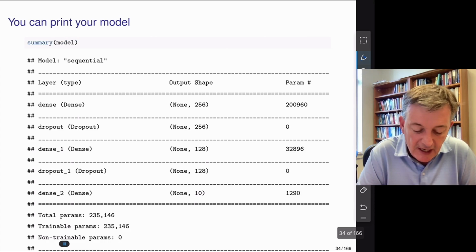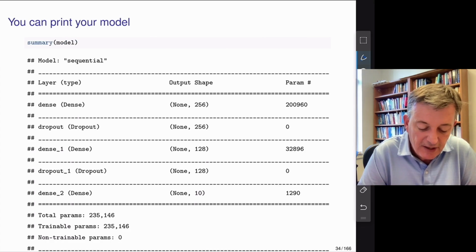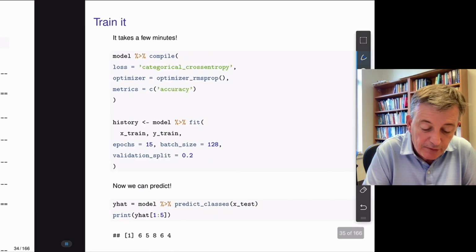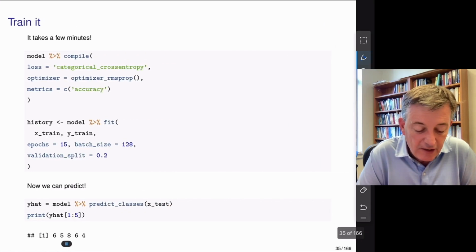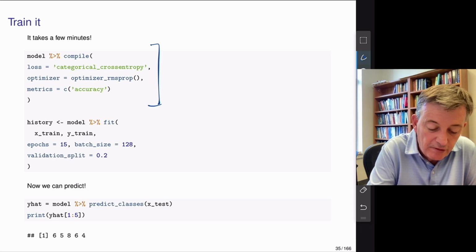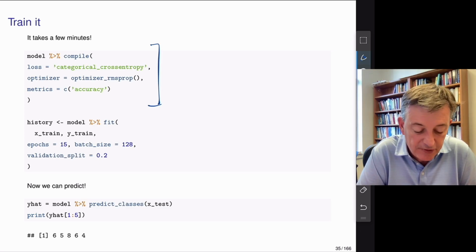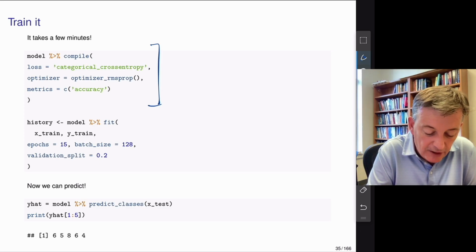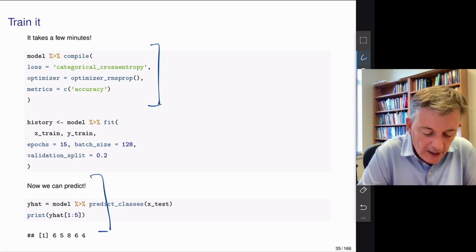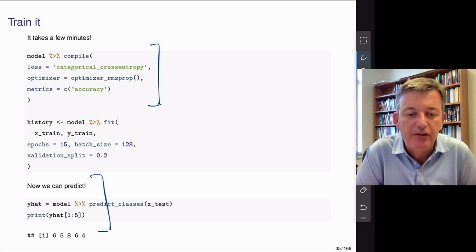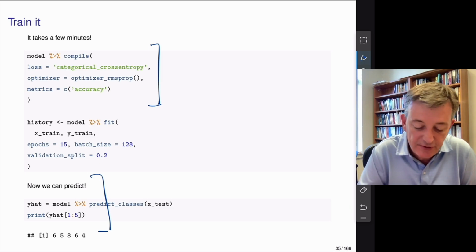The output will show you the total number of parameters. You can optimize the model, so you give it cross entropy loss to optimize, and then you can give it a new set of data and predict what's in that test case data set.